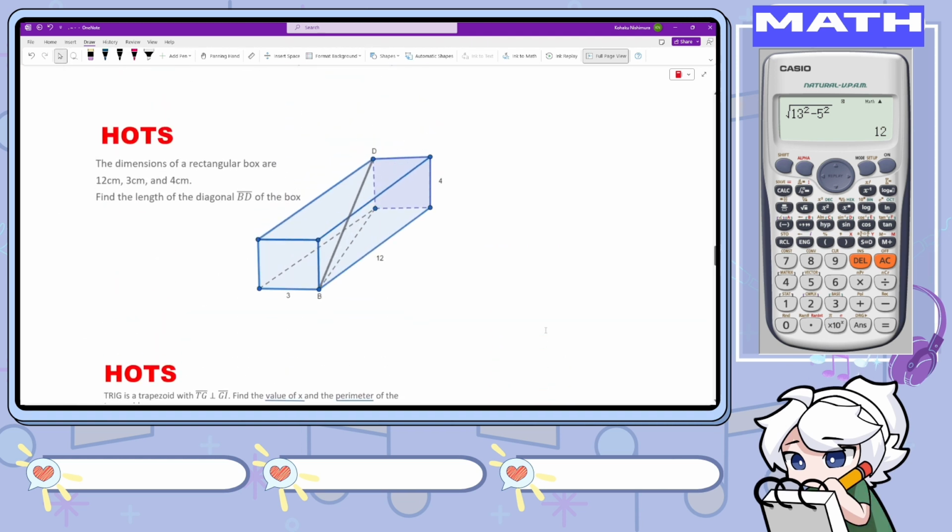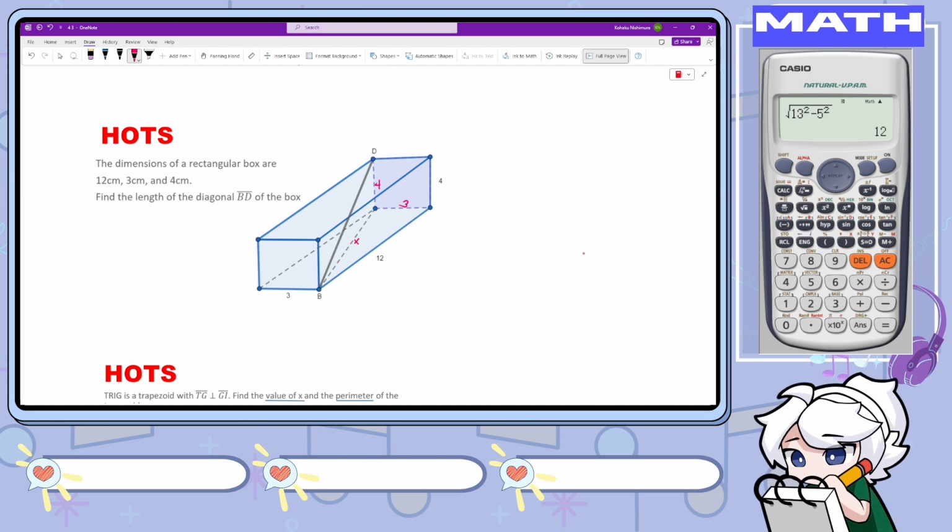This one here is actually simple. On this particular problem, if this is 3, it means this is also 3, right? And if this is 4, this is also 4. But we don't have a measure of this diagonal, so you can set that as x and use the Pythagorean theorem.